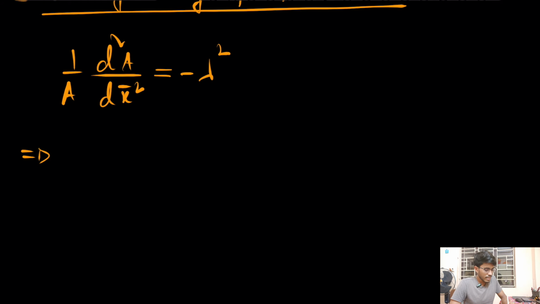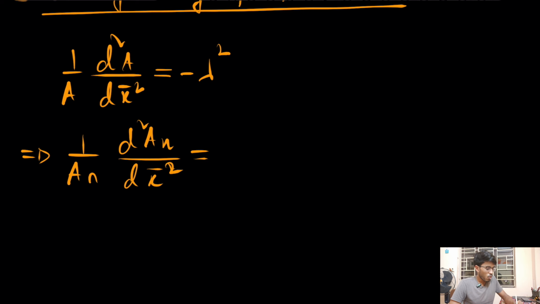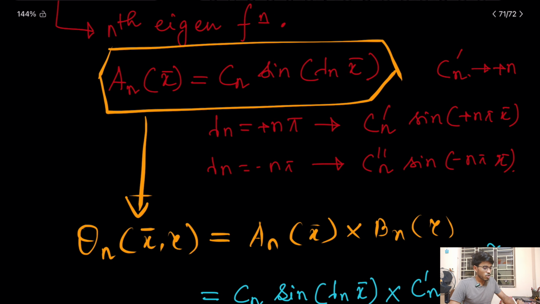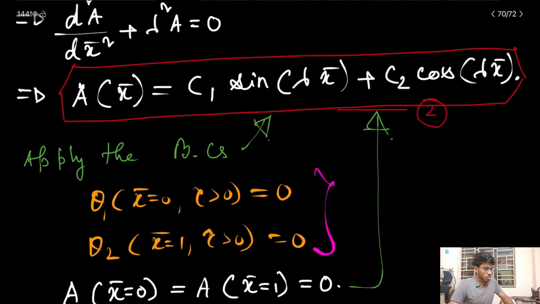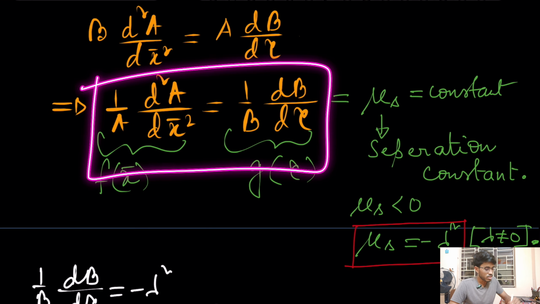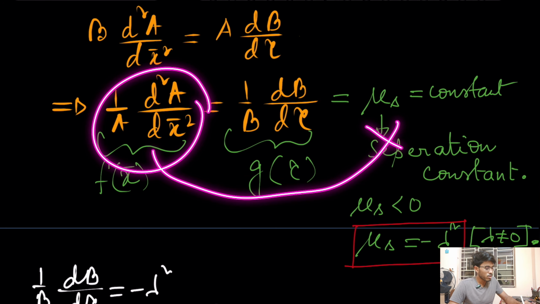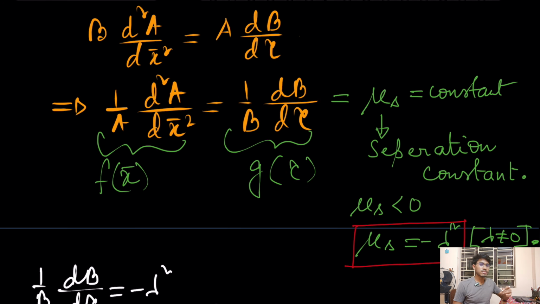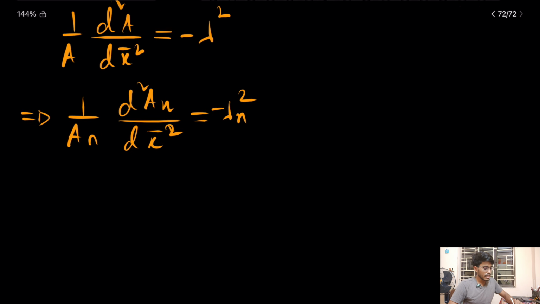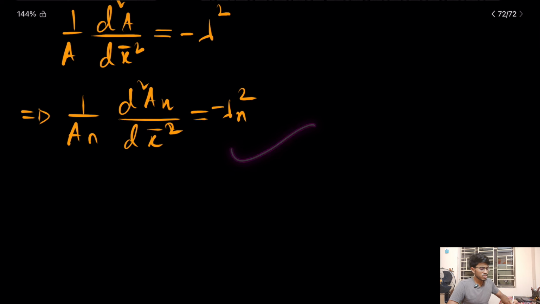For any an, all the ans will satisfy this equation, because I have already told that I got this an by solving this governing equation only. So all the ans are solutions of this equation. For any an, it must satisfy this equation. Clear?